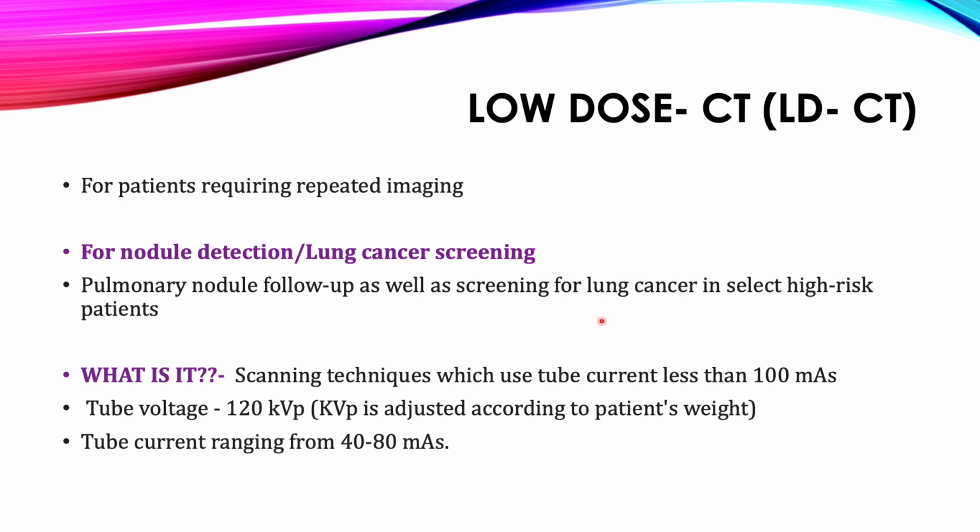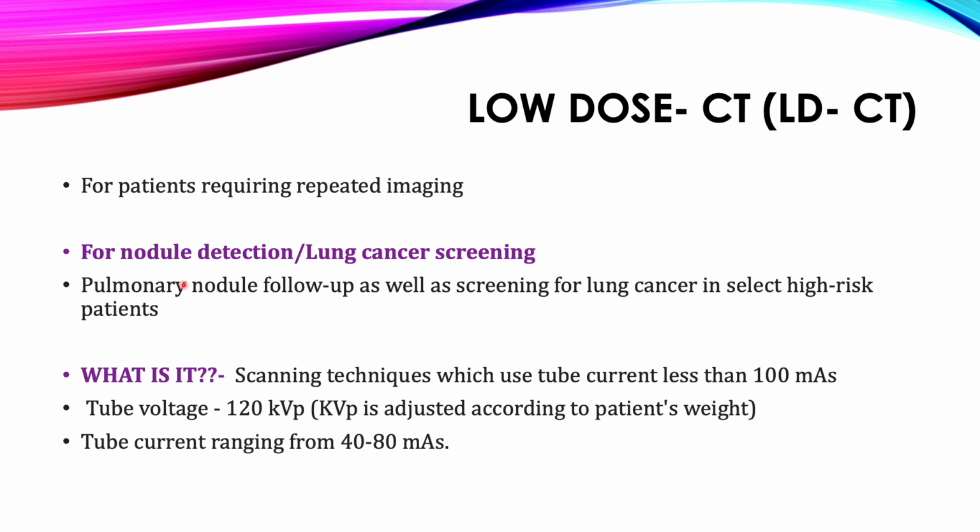The other terminology we use is low dose CT scan. Low dose CT scan basically reduces the exposure of the patient to radiation. It's preferred in patients where you need to repeat the scan again and again. So you can use it in lung cancer screening for nodule detection as well as in ILDs for follow-up.